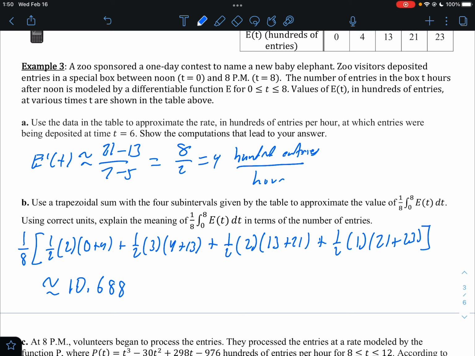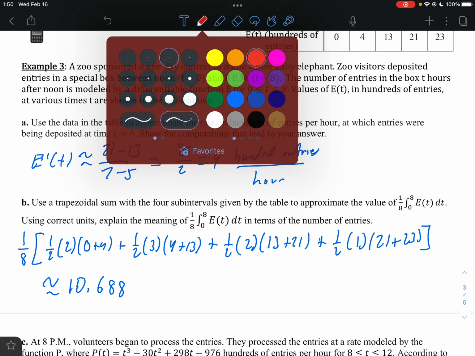Okay, what does that mean? That means the average, because this is an average value integral here.